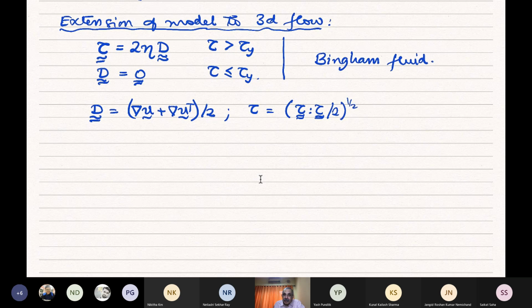And I'm going to write down what is tau y. And for this model, your tau y is just given by mu s into p.